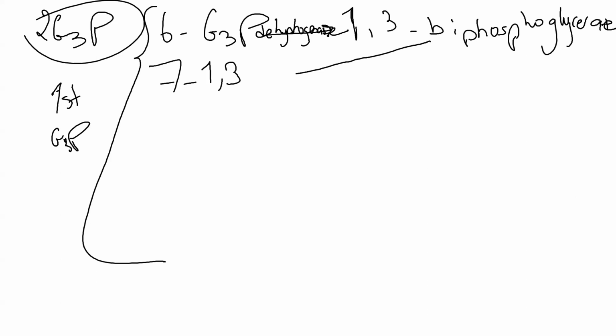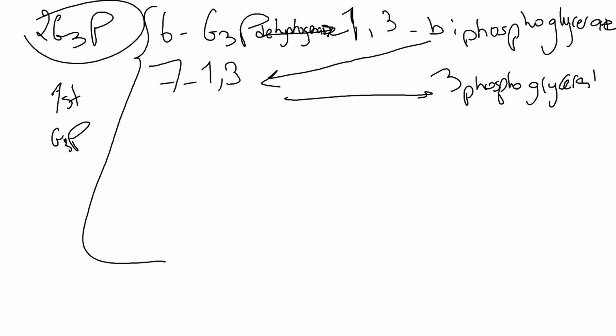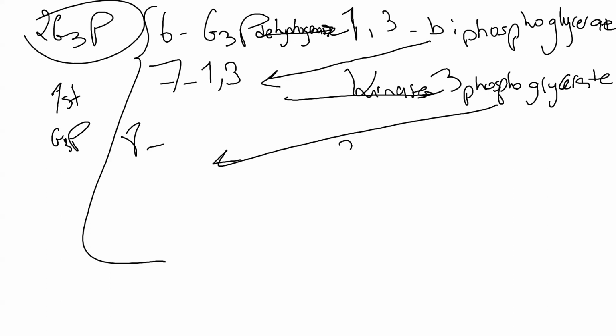The 7th step is 1,3-biphosphoglycerate, let's bring it here, will become 3-phosphoglycerate by a kinase enzyme. And then the 8th one is that this 3-phosphoglycerate will become a 2-phosphoglycerate by a mutase enzyme.